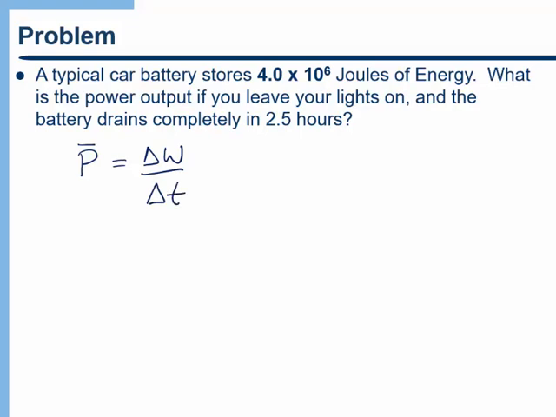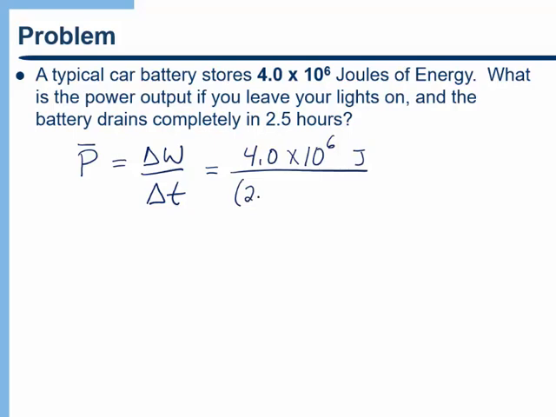Okay, so we want to figure out the amount of energy that the battery provides. It provides 4 times 10 to the 6 joules, so that's going to be delta W, 4 times 10 to the 6th. Now, how much time? Here we just have to be a little bit careful with units. We want power in units of watts, and that's a joule per second.